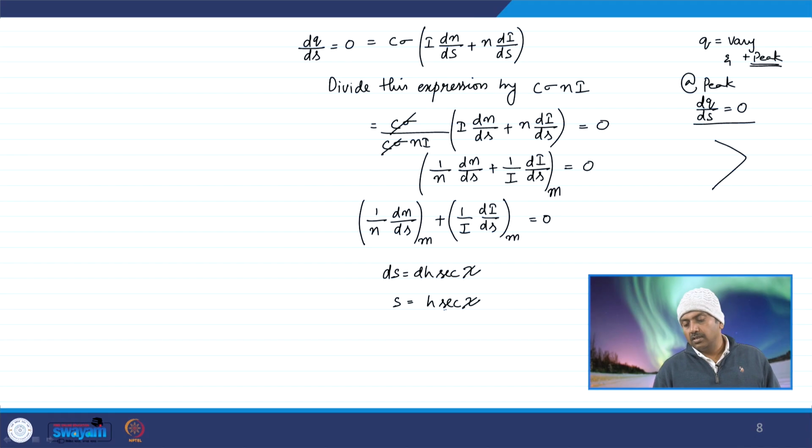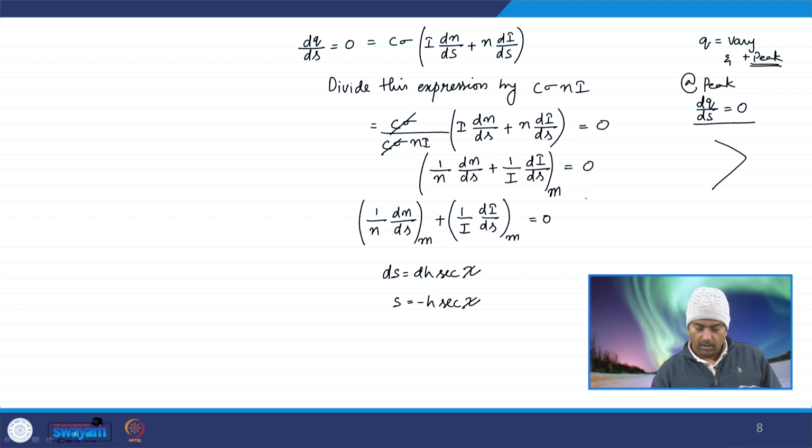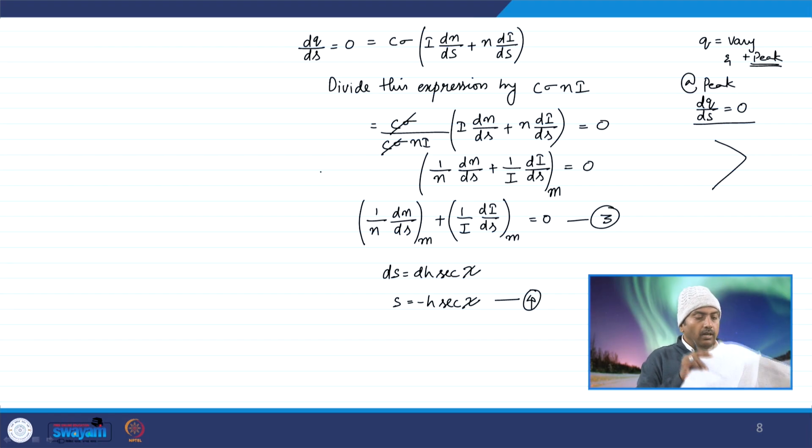But these two distances are measured in the opposite direction. So, I can put a minus here. Call this expression 2a, let us say this becomes 3 and this becomes equation number 4. S is equal to minus h secant chi. Right. Now, S and H are measured in the opposite direction, that is why we have a minus.